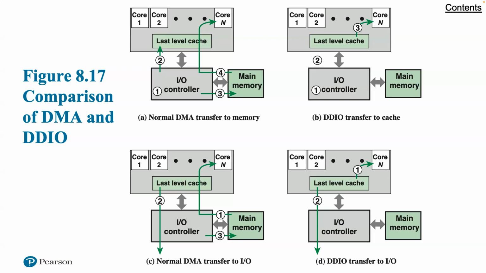With the above in mind, we can describe the DDIO strategy for inbound transfers initiated by the NIC. Number one, if there is a cache hit, the cache line is updated, but not main memory. This is simply the write back strategy for a cache hit. The Intel literature refers to this as a write update.